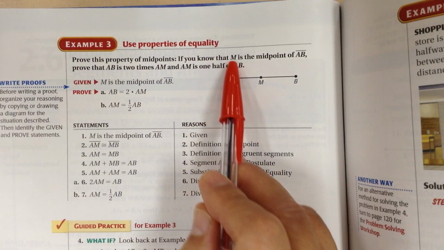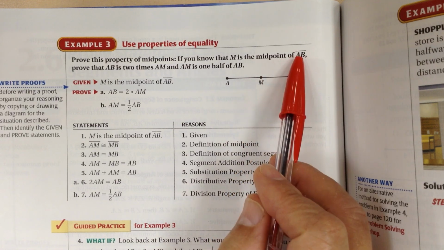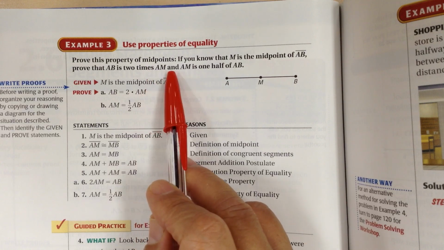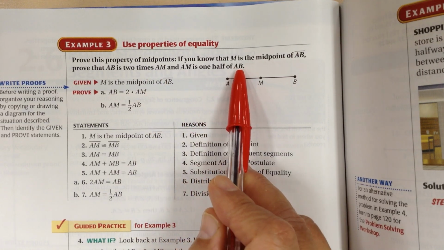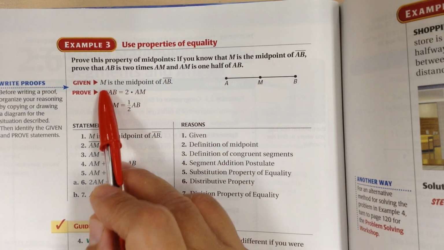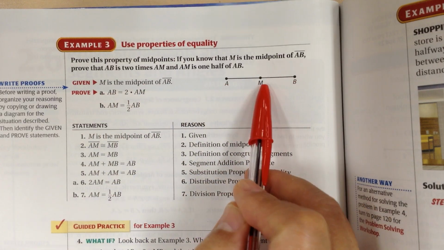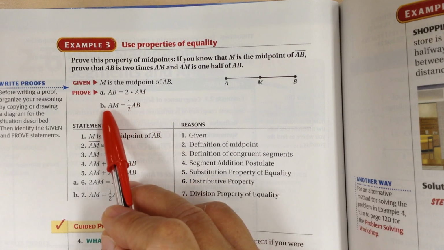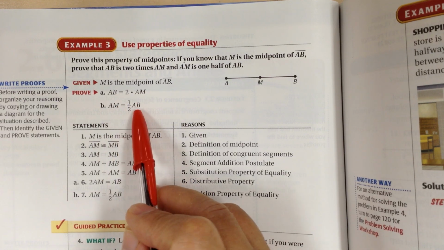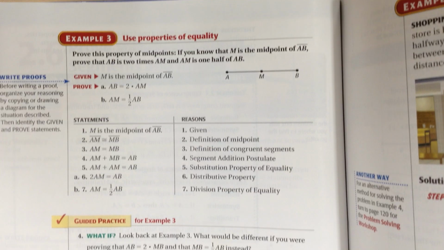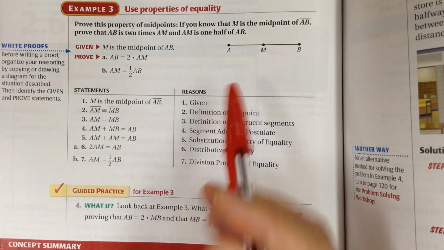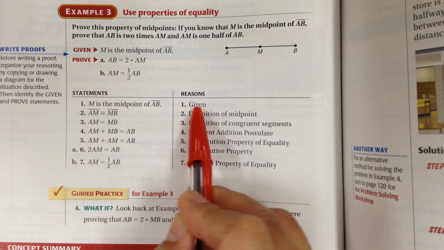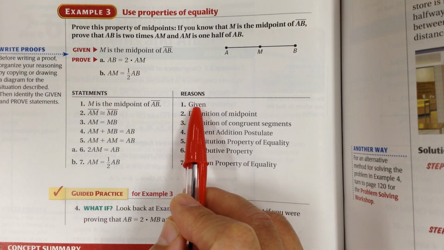If M is a midpoint of segment AB, prove that AB is 2 times AM and AM is 1/2 of AB. So given M is a midpoint of AB, you want to prove that AB equals 2 times AM, and AM equals 1/2 AB. You remember when you're doing a proof, the easier thing is to always start with the given. So M is a midpoint, that's the given.